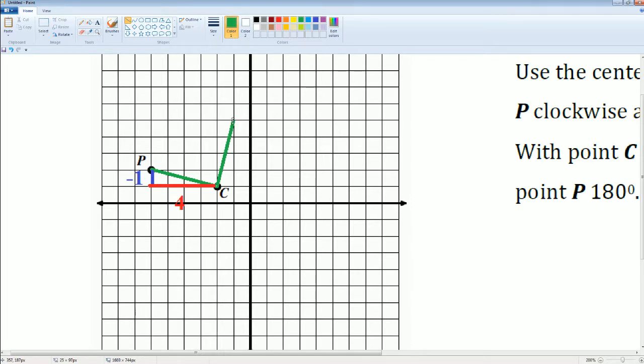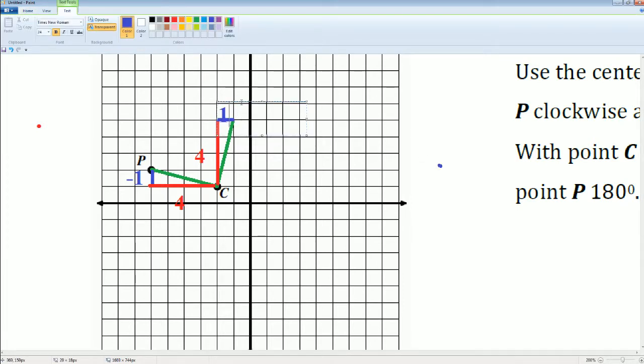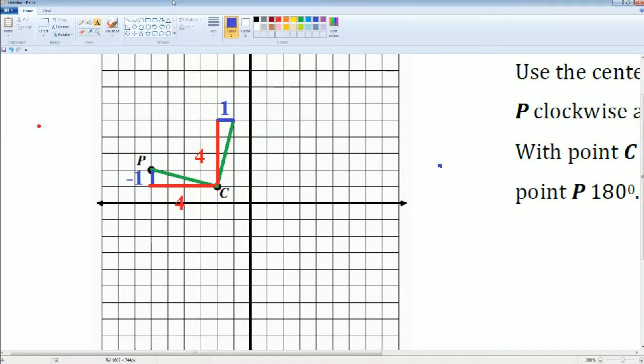If you would like to see numerically what it is, this was your 4, then it was your 1 to the side. That's if it was a 90-degree rotation.